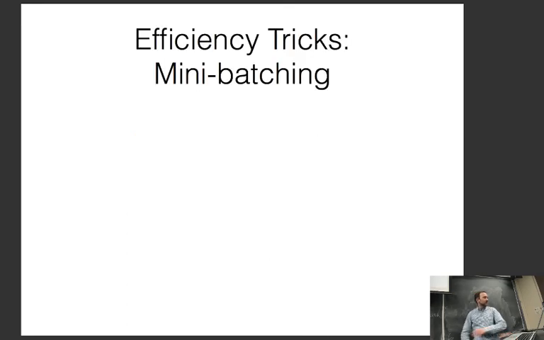So the final one. This is pretty important because neural network models take a long time to train, and you don't want to be waiting forever for your experiments to finish. So there's an efficiency trick called mini batching.